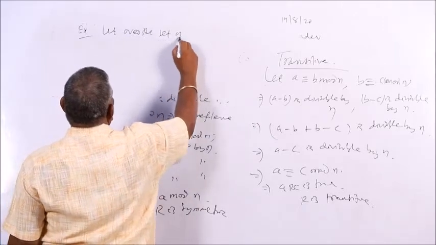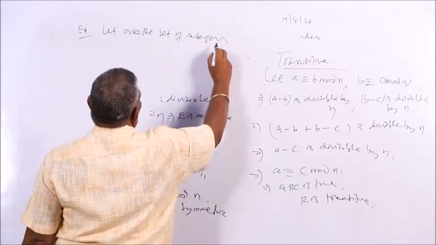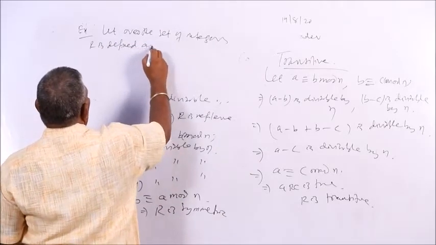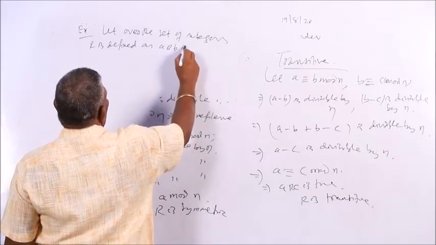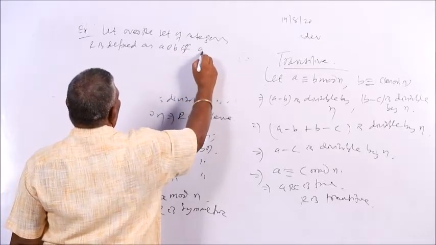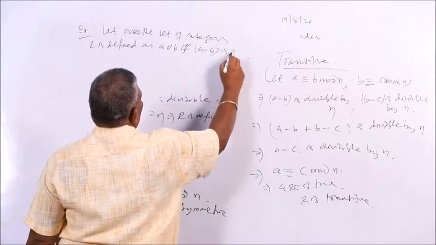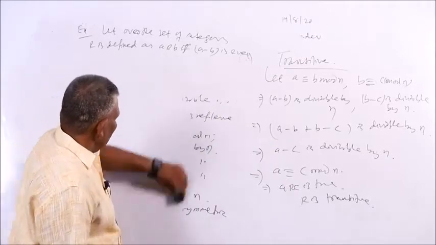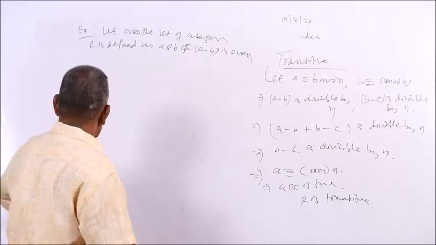Let, over the set of integers, R be defined as a R b if and only if a minus b is even. Now we can verify whether it is reflexive, symmetric or transitive.